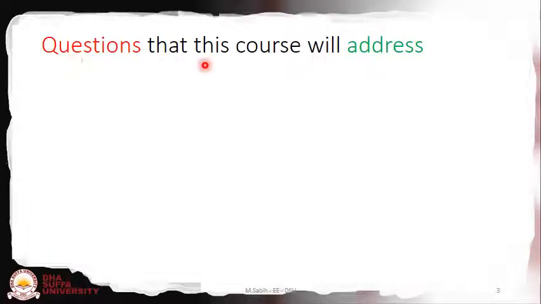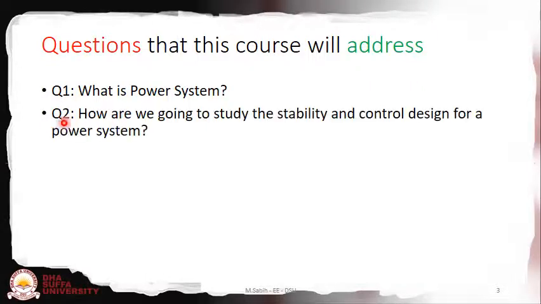So the questions that this course will address, the first is very simple. You should be able to state clearly, technically and accurately what a power system is. The second question we will be addressing will be the stability and the control design of the power system, and how we are going to do that.